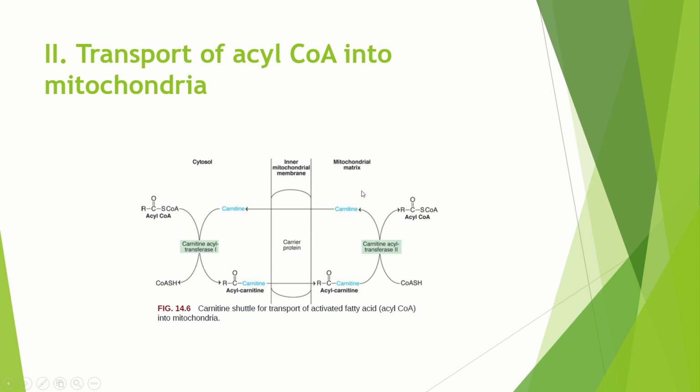The carnitine that is released is freely permeable across the mitochondrial membrane and enters the cytosol. There it is reused for the activation of another fatty acid.